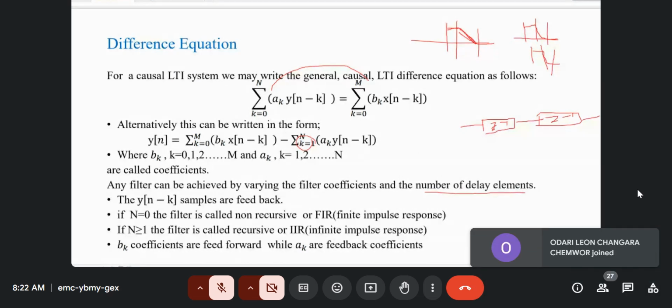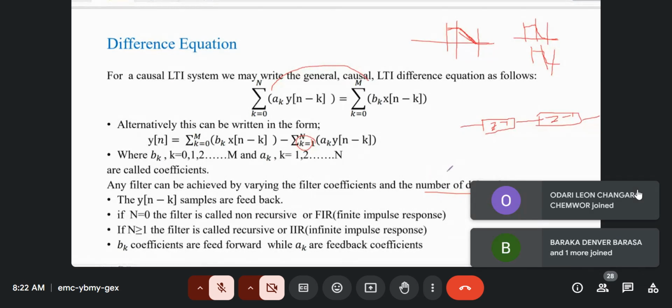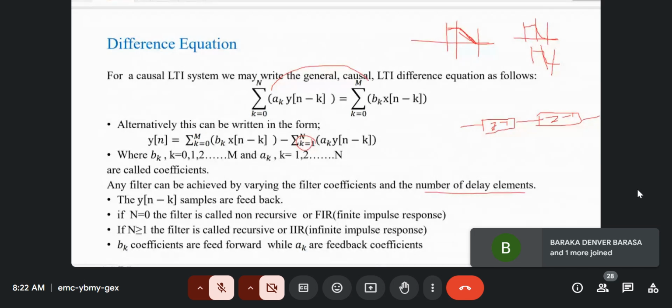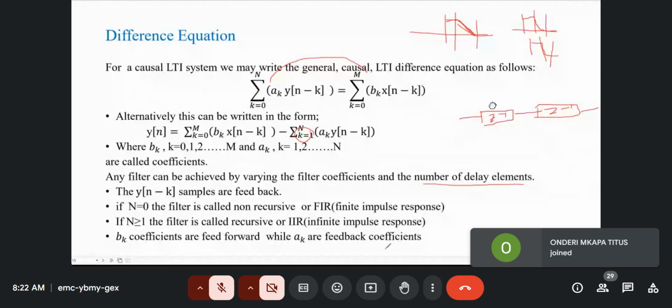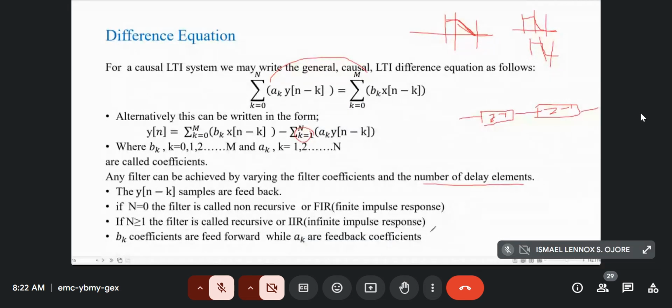As the number of elements increases, you go closer to the ideal filter, which is a boxcar, the one that completely removes the undesired frequency immediately, without any transition, so to speak.